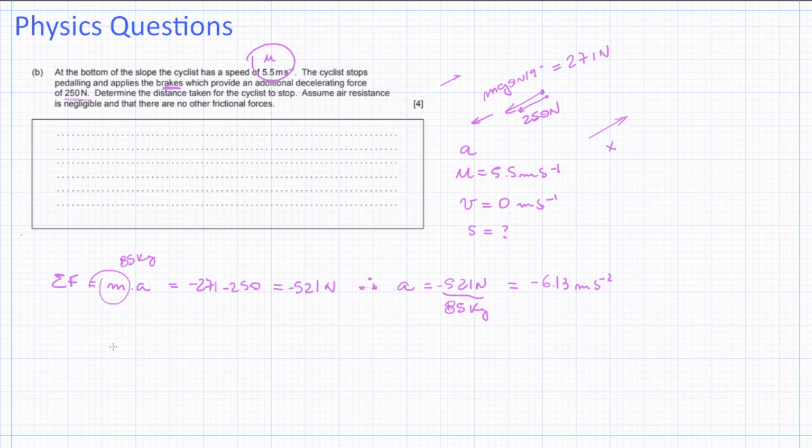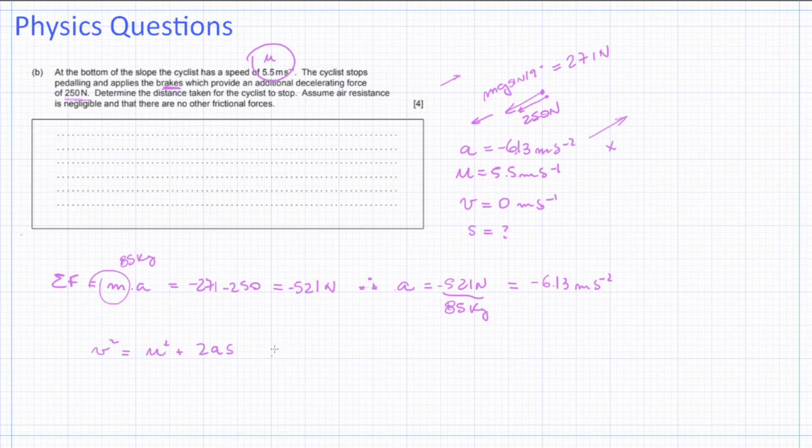Well, now it's our motion laws. We know initial velocity, we know final velocity, and we know acceleration, which is negative 6.13 meters per second squared. Now we can pick one of our SUVAT equations to solve this. What I would pick is final velocity squared equals initial velocity squared plus 2 times the acceleration times the displacement.